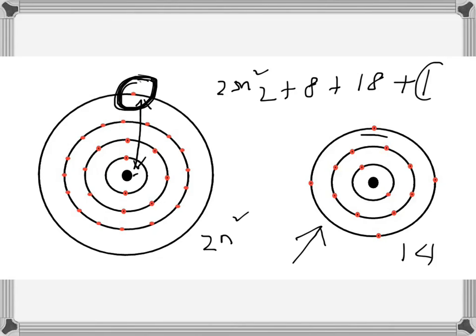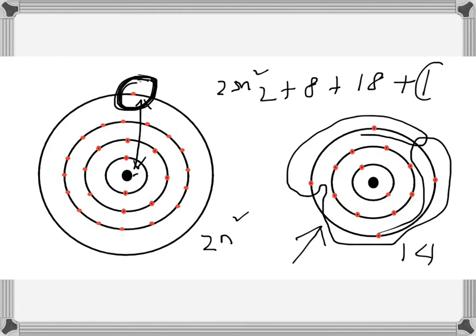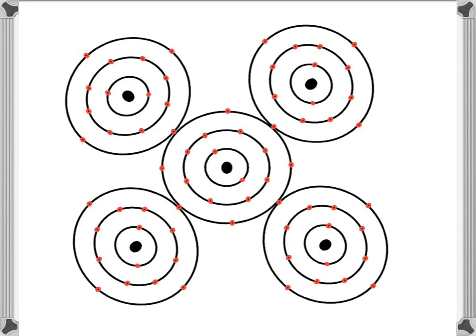The last orbit has 4 electrons, so it would like to complete the octet. In silicon, atoms form covalent bonds, sharing electrons with each other. These are the shared electrons, and that's how this silicon atom completes the octet in its last shell.